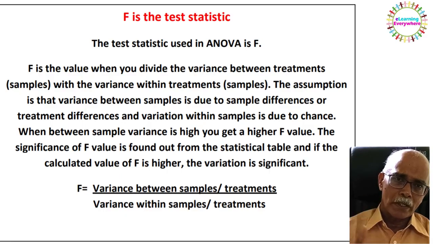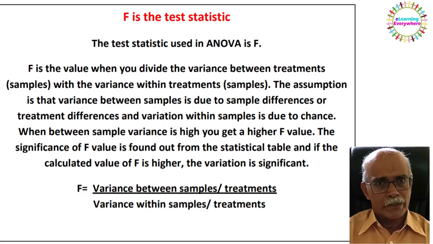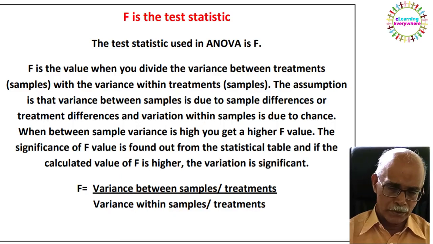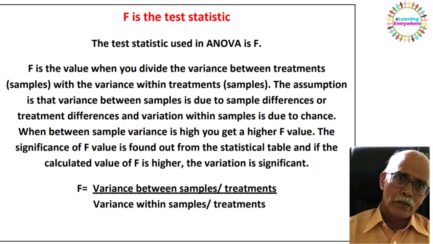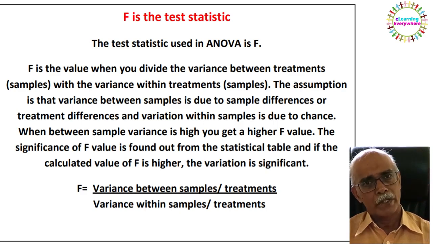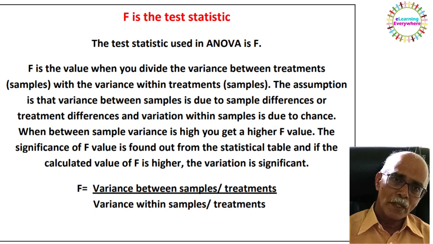So that is the idea behind calculation of the F value, and it is calculated using a formula: F is equal to variance between samples divided by variance within samples, or variance between treatments divided by variance within treatments.